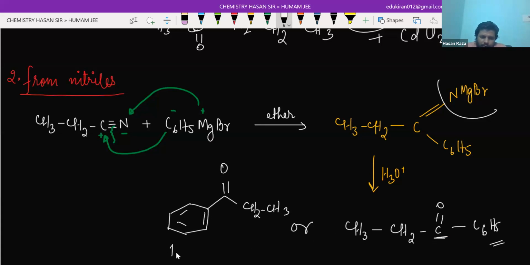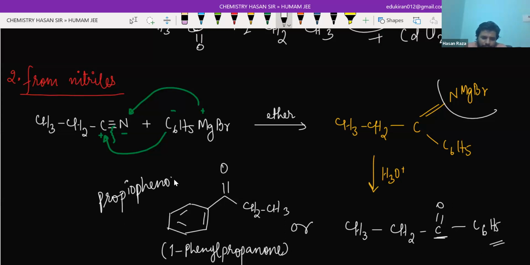This has an IUPAC name, that is 1-phenylpropanone, and the common name is propiophenone. This is your common name and this is your IUPAC name. Is that clear? Yes, sir. Please do write.